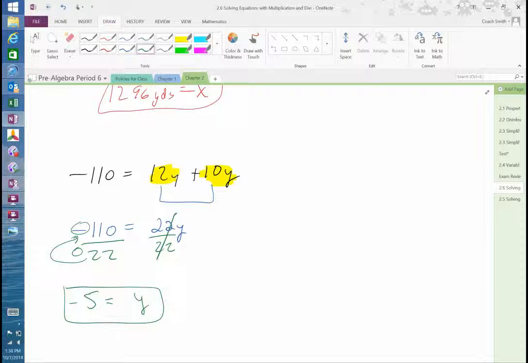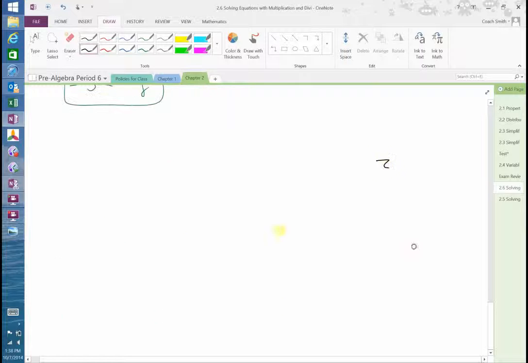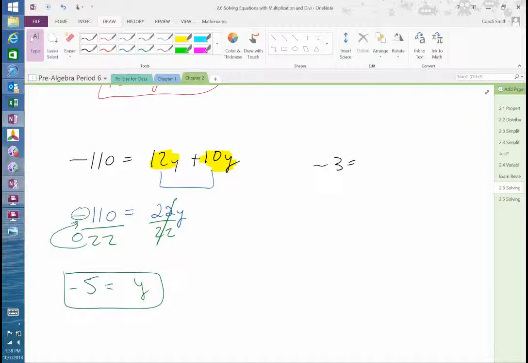Okay, let's say I had this. Negative 3 is equal to z over 6 plus 11.